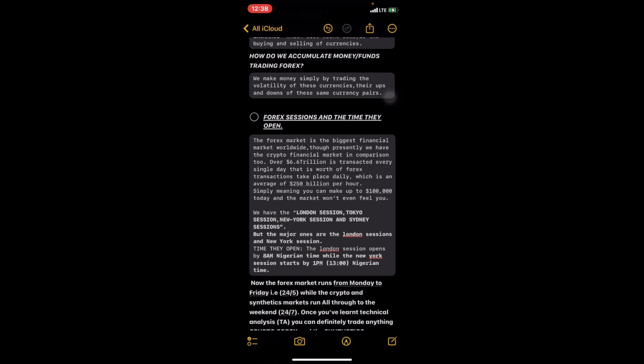That will cause a whole lot of bullish movements in the markets. But nevertheless, that's my point of view, the crypto financial markets can't beat the forex financial markets.